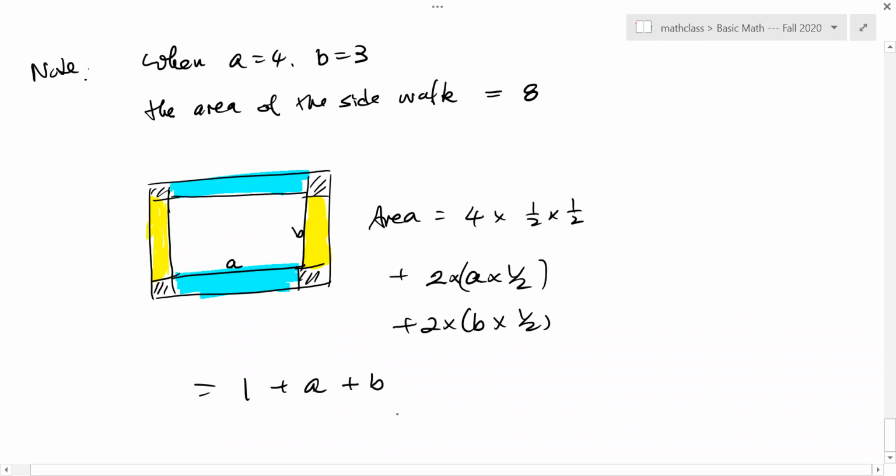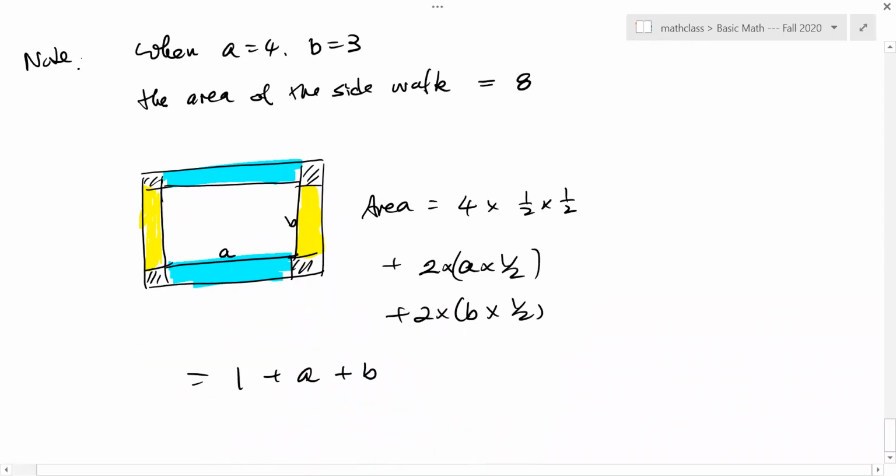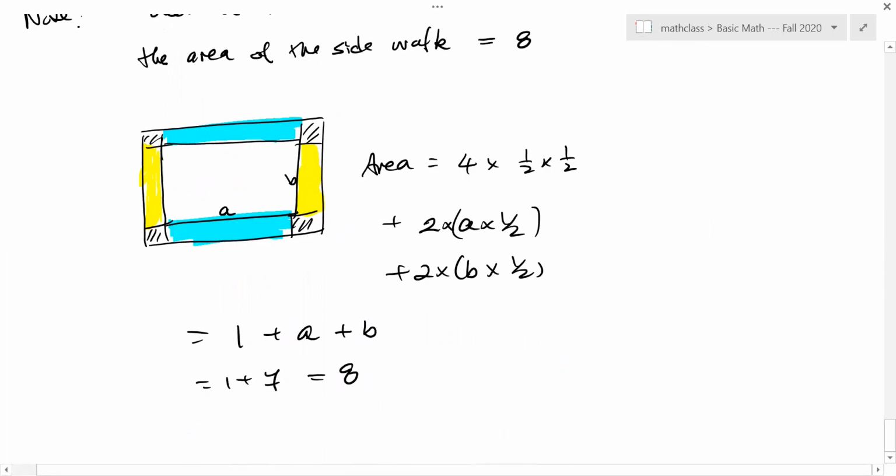Wow, great. We don't need to know the exact value of A or the exact value of B. All we need to know is A plus B. So it's 1 plus 7. A plus B is 7, which gives 8. Wow. Okay, that means the area of the sidewalk is always equal to 8.